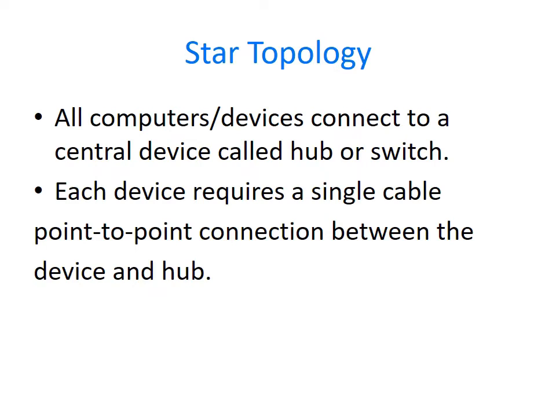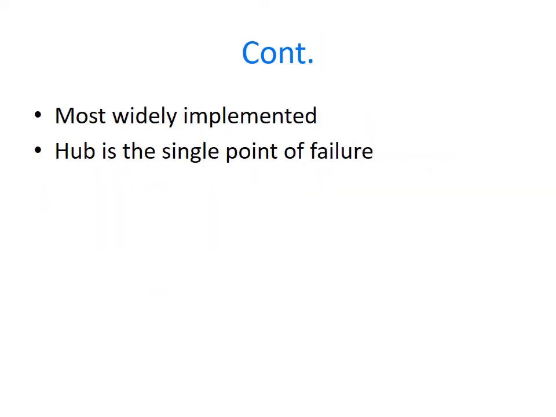So we have two devices here. We have the hub and we have the computers. These devices are connected using a single cable. So we move on. We shall see how it's connected in a diagram. Mostly it's widely implemented because it's easy to manage this setup.